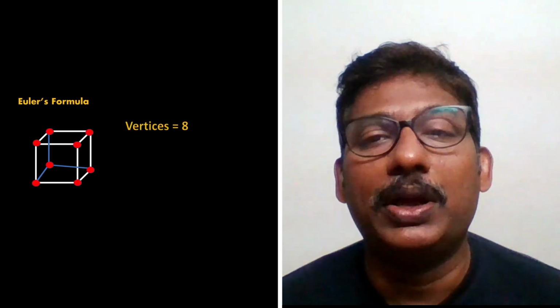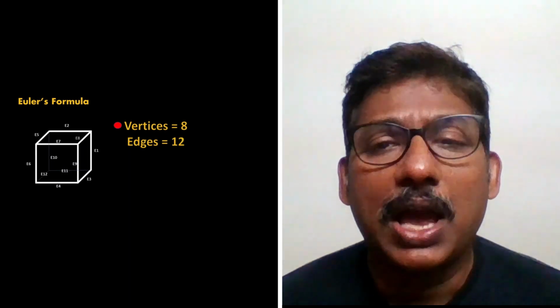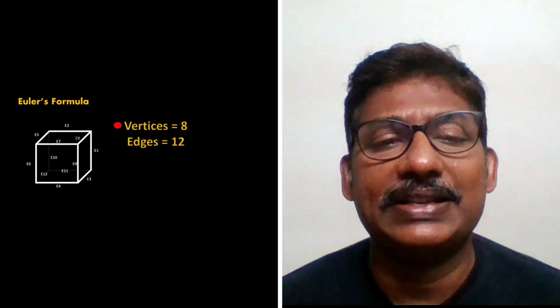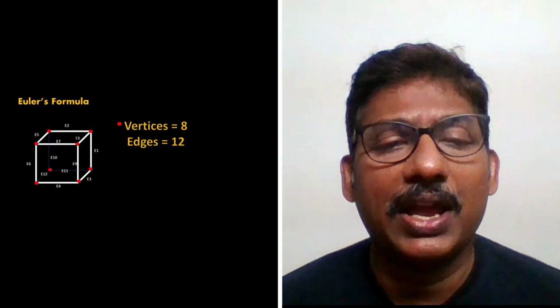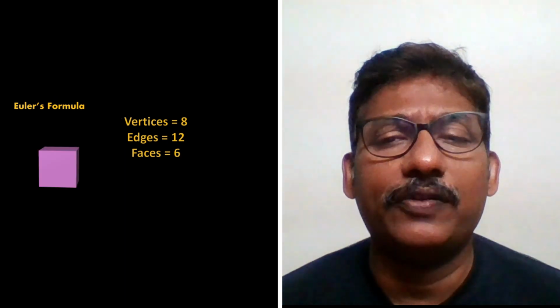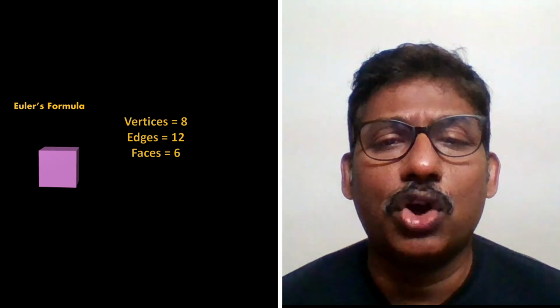Euler's formula: we take the example of a cube, where the cube has 8 vertices and the edges are 12: E1, E2, E3, E4, E5, E6, E7, E8, E9, 10, 11 and 12. Then we come to the faces. Here the faces are 6: top and bottom, right, left, and the front and back sides.